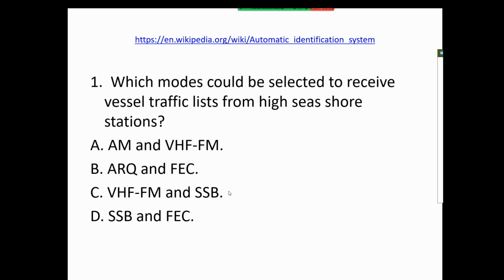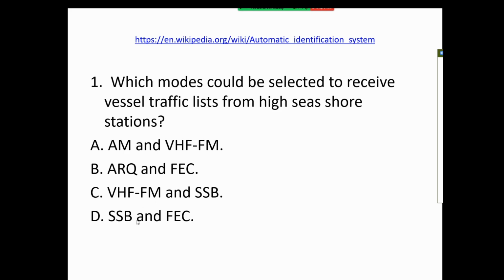Well, so far we're getting pretty good because we do like single sideband, and that is generally the modulation mode that we select for most maritime communications. Can we also listen to it on your FM radio dial? Probably not.